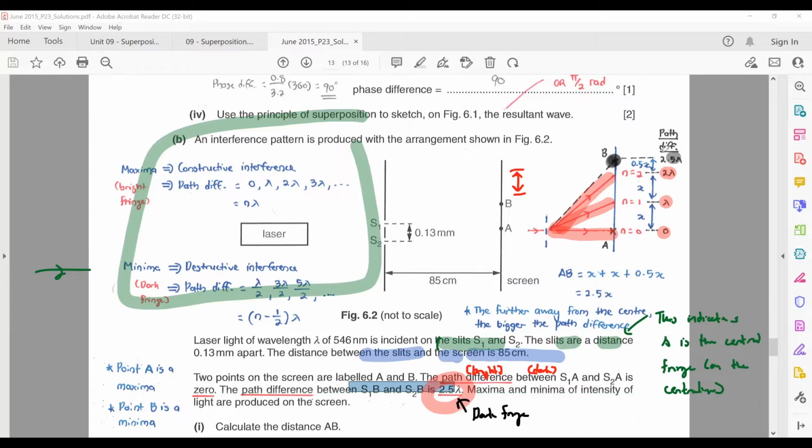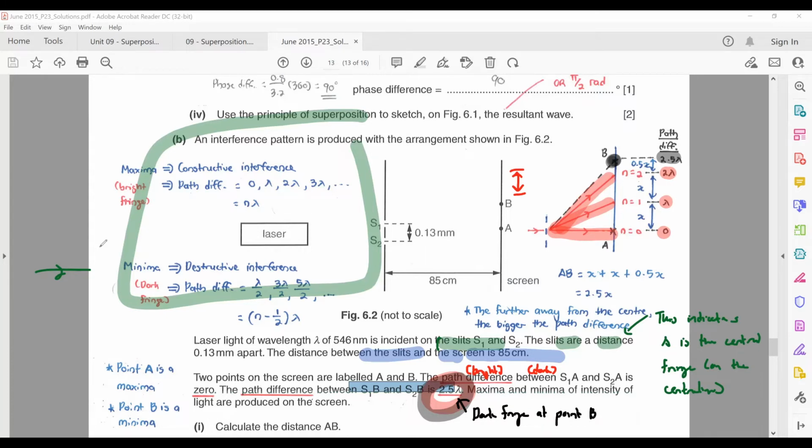That one will be at a path difference of 2.5 lambda. So that is what you're supposed to see from here. This tells you B is a dark fringe. Dark fringe at point B.